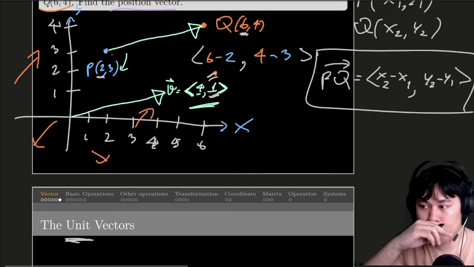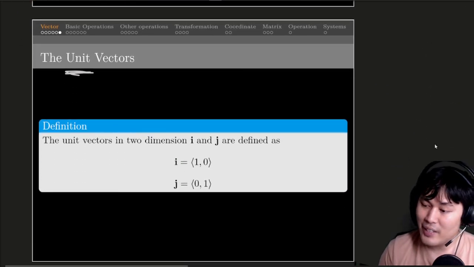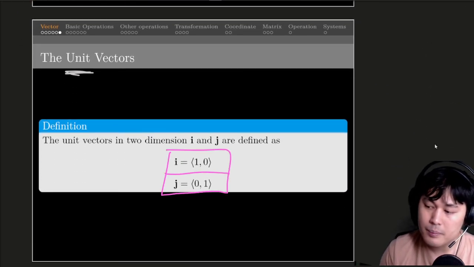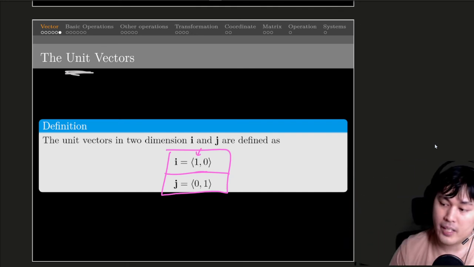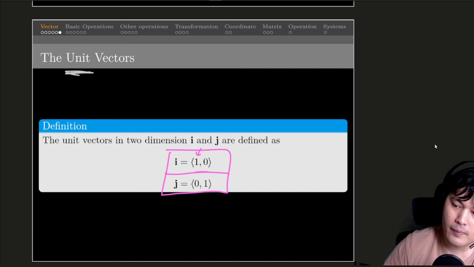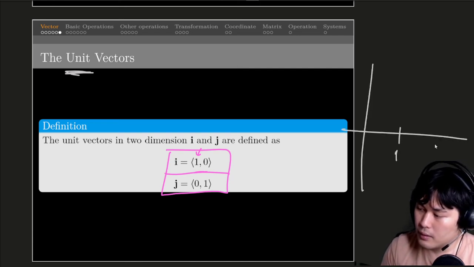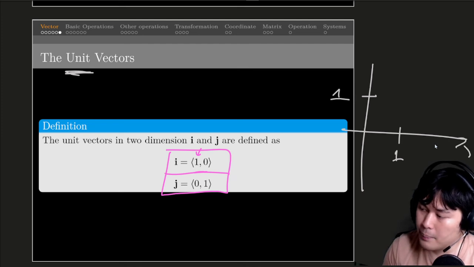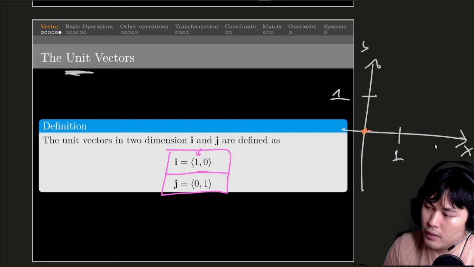But there are two important vectors you need to be friends with. We have these two special vectors called i and j. The i is represented as <1, 0>. That means you move one step to the right and do not move in the vertical direction. On the x-y plane, this vector i represents a movement to the right, one step.